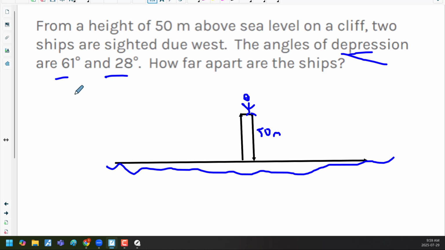It doesn't really matter, we can just say west is this direction. So we're looking west and we see two ships. We've got two boats here, a boat here, and another boat here. And we're looking at them both.